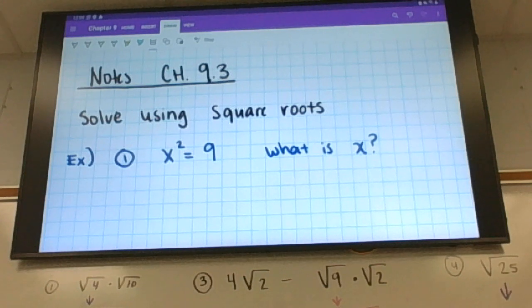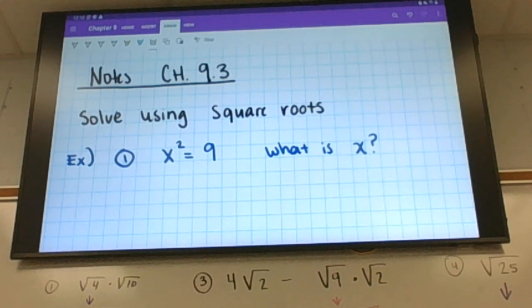Alright, so the whole reason we've been doing this is to solve equations. You guys remember the parabola? Every parabola equation was x squared. The U-shaped graph that we drew? We talked about the vertex, the axis of symmetry.